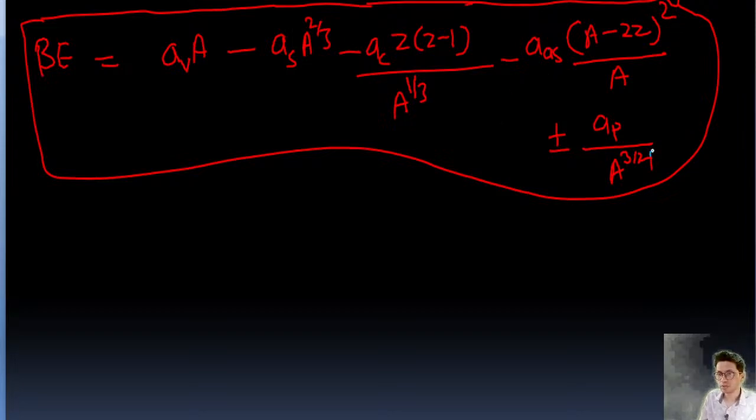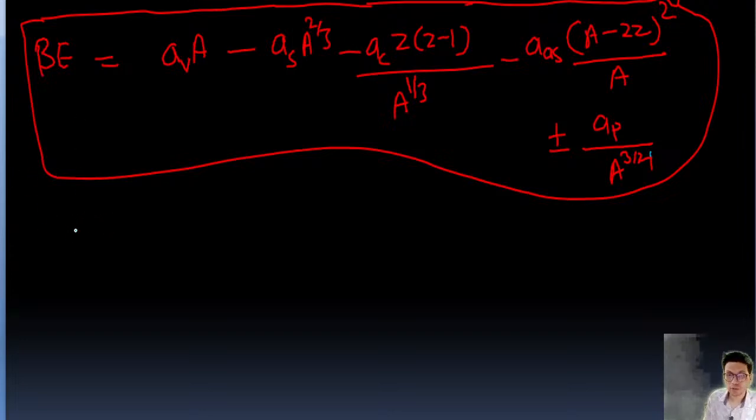This is the binding energy and this is called the semi-empirical formula. Based on this formula you will be asked many questions. I have seen many questions asked related to this formula, so now you need to know this.